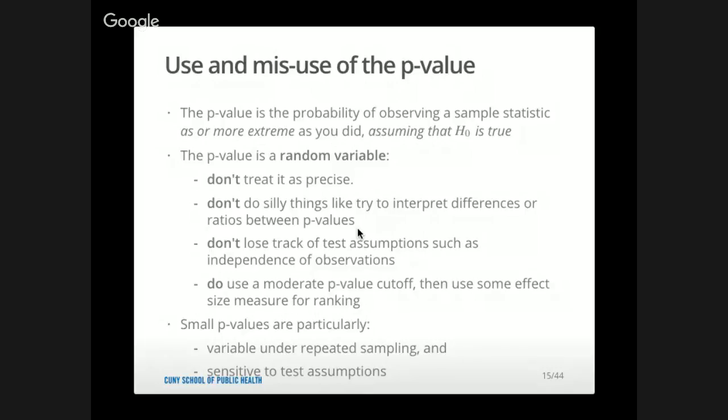So you said that the p-value is a random variable because it depends on the sampling. That's right. You can draw repeated samples from the same population using the exact same methods, and you'll get different p-values every time.